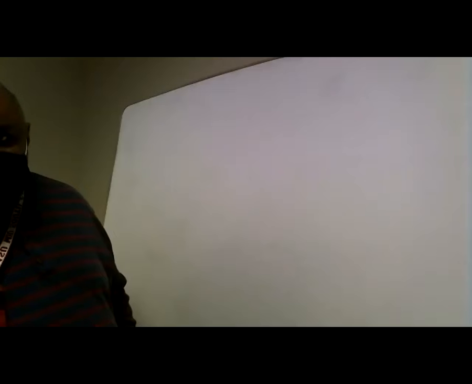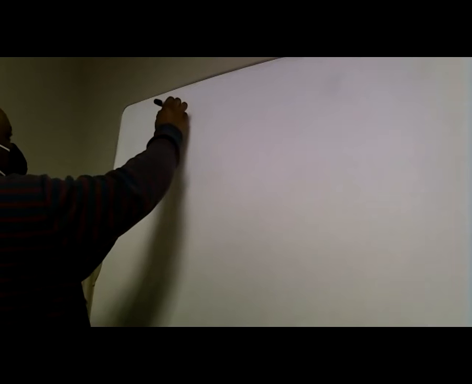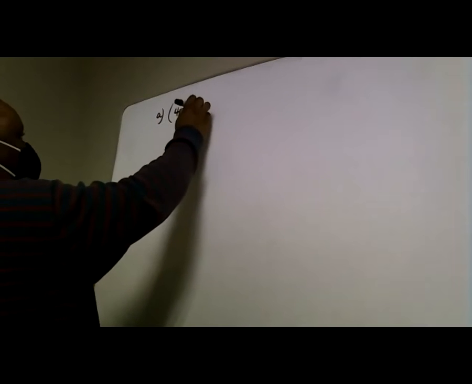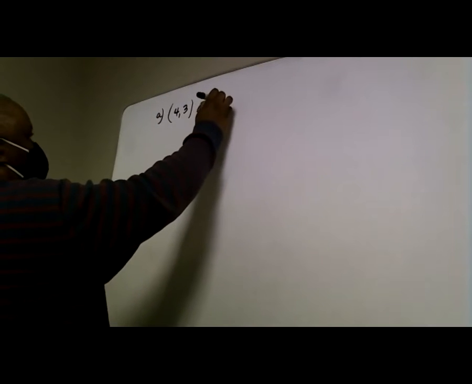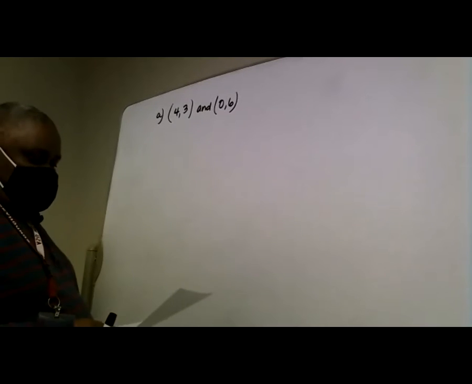I'll put these on the board for you all to see. So this is part A, where we got 4, 3, and 0, 6. Now here we're just finding the slope of the line through those given points.